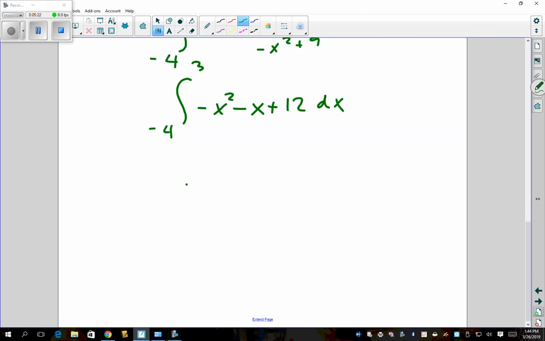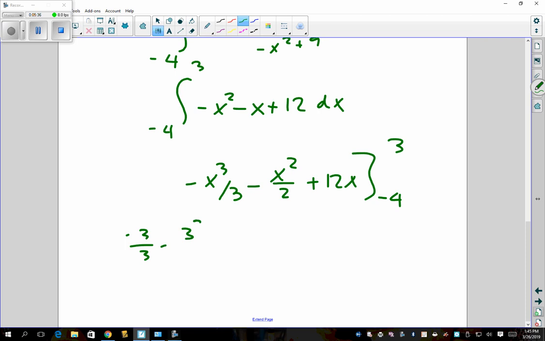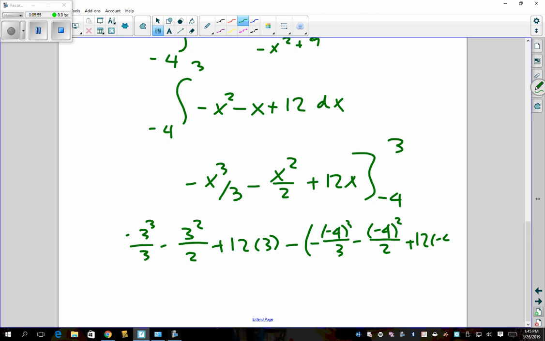So we get negative x cubed over 3 minus x squared over 2 plus 12x from negative 4 to 3. And then we just use the fundamental theorem. 3 cubed over 3 minus 3 squared over 2 plus 12 times 3 minus negative 4 cubed over 3 minus negative 4 squared over 2 plus 12 times negative 4.